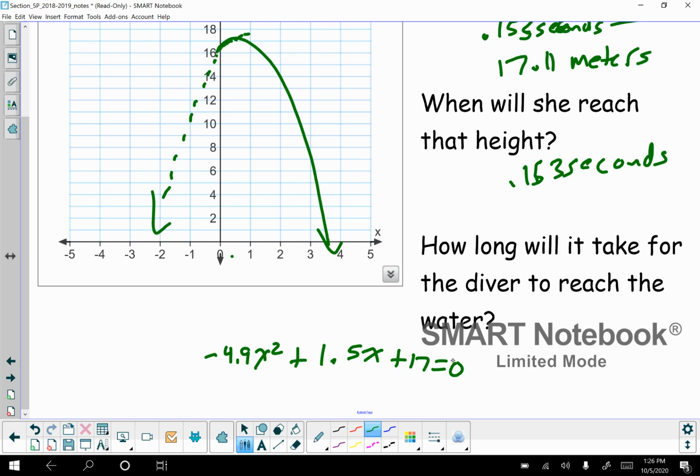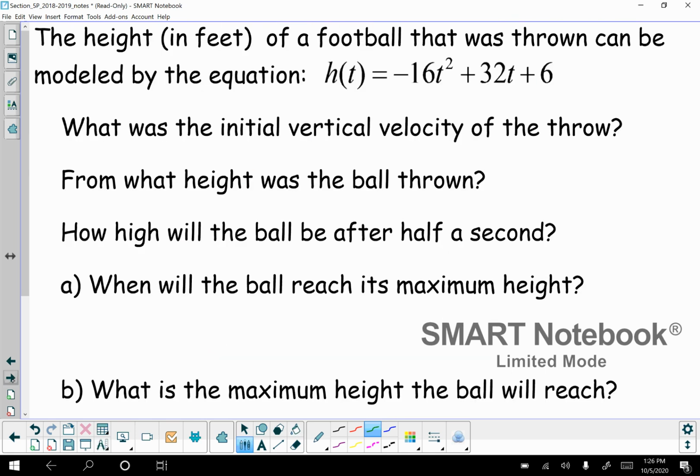And again, we'll work this in class. So it looks like after 2.022 seconds, he would splash into the water. Again, we'll do that in class.